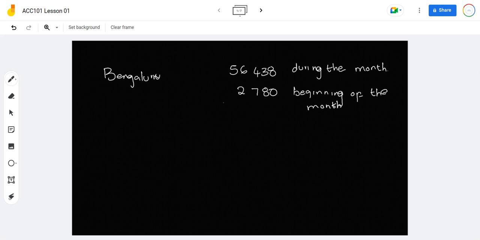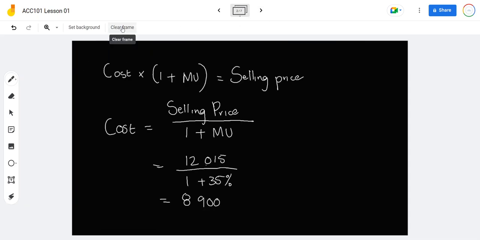So that means we owed them a total of 59,218, and all of this was recorded under creditors control, because that's where we record all the amount of money we owe people.